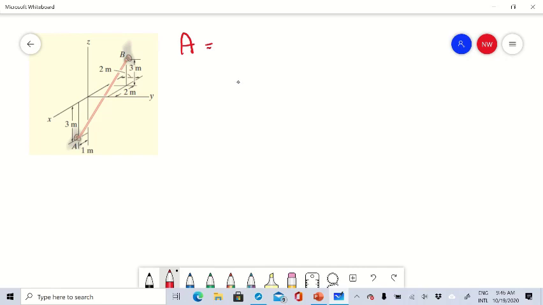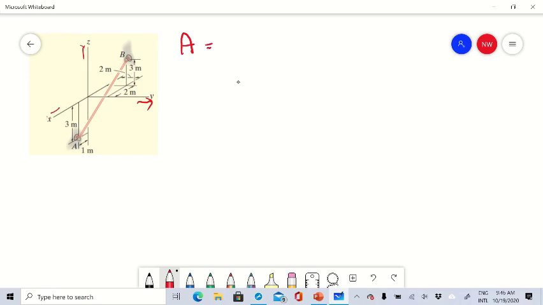A is 1 meter from the origin in the x-axis and 3 meters down from the z-axis, right? So this is the positive z direction, positive x direction, and this is the positive y direction. That is our right-handed coordinate system, right?